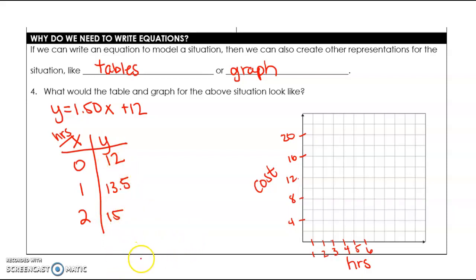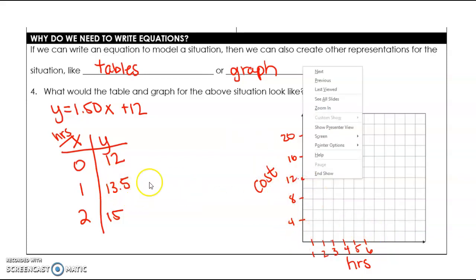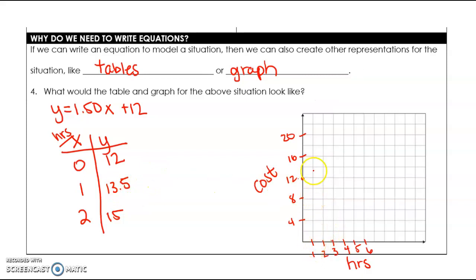So a chart could be very helpful if you just wanted to look at the chart and say, okay, how much is it going to cost me for 1 hour? And I can go in the chart and look very quickly. Also, the graph. If I rented it for 0 hours, it's going to cost me $12. I can use this table over here. For 1 hour, it's going to be about $13.50. And of course, why would these dots stay?